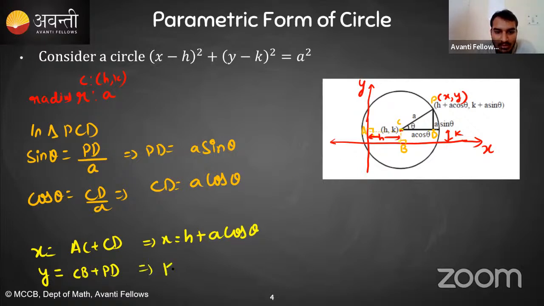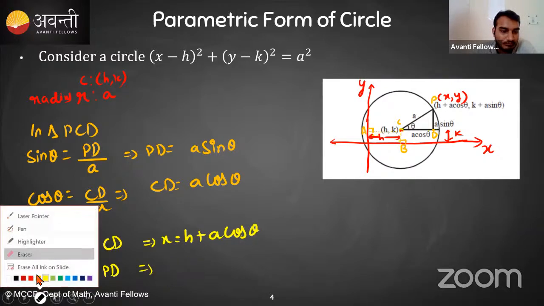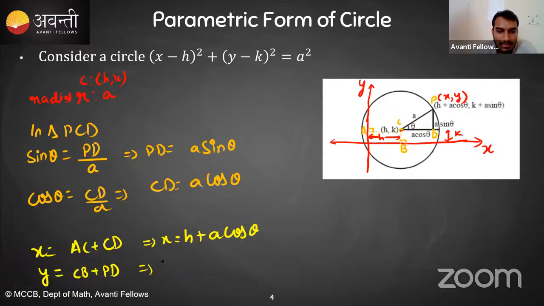CB is nothing but k only, right? So y can be written as CB, which is k, plus this height PD, and we have already proved that PD is nothing but a cos theta, sorry, a sin theta, right?